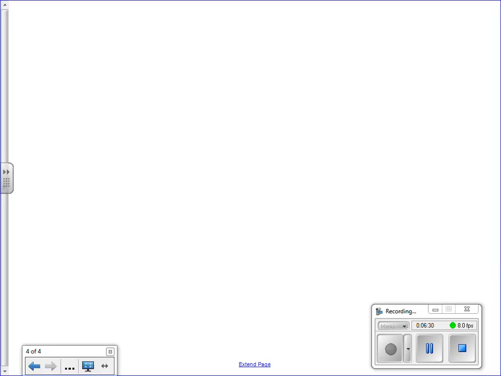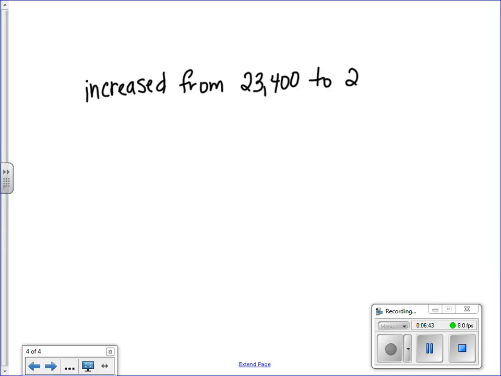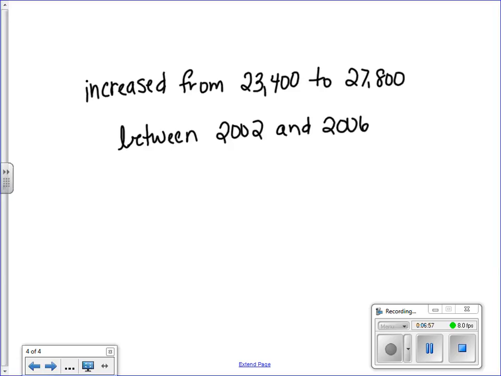Okay, so the population of a city increased from 23,400 to 27,800 between 2002 and 2006. Find the rate of change for the population during that time.